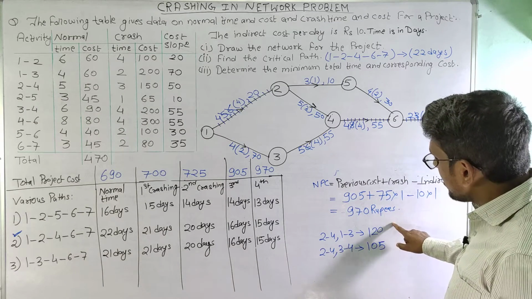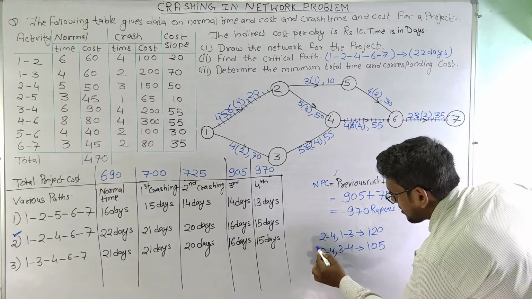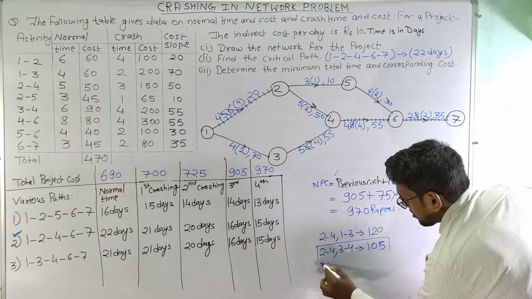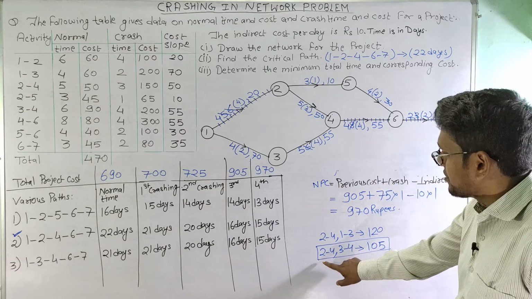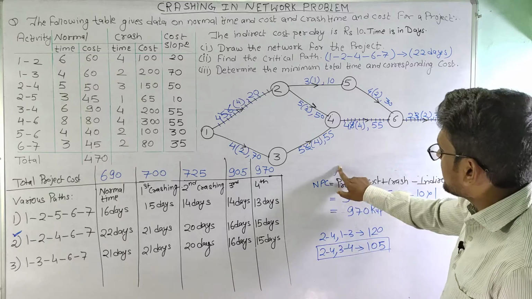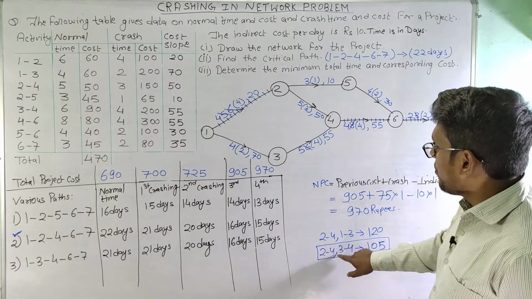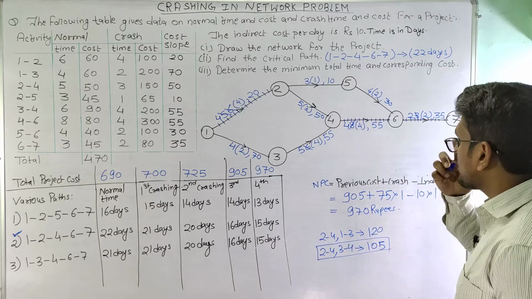So as we can see here, the total crash cost is small for this combination. That means we need to crash activity 2 4 and 3 4 together.